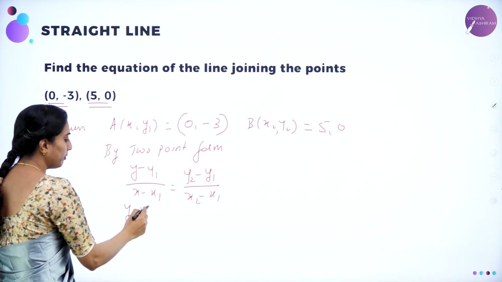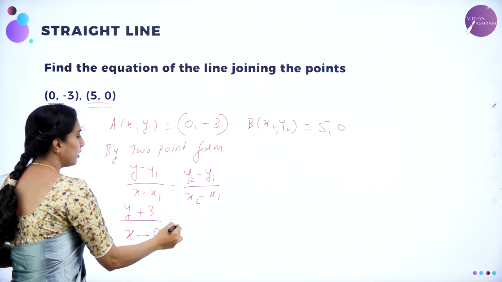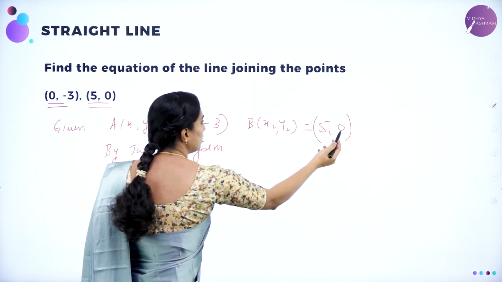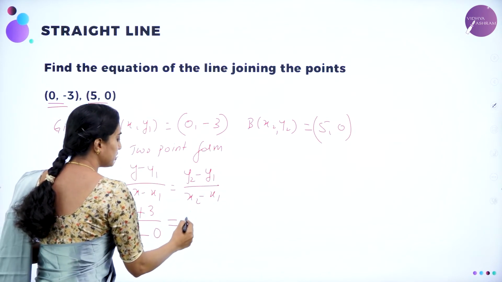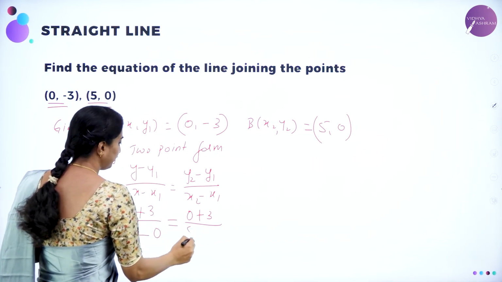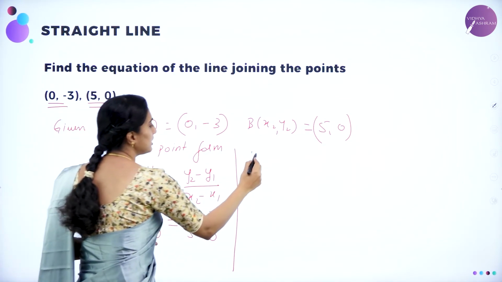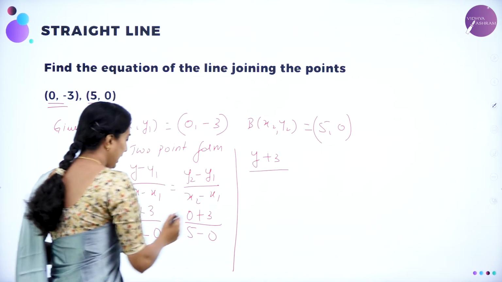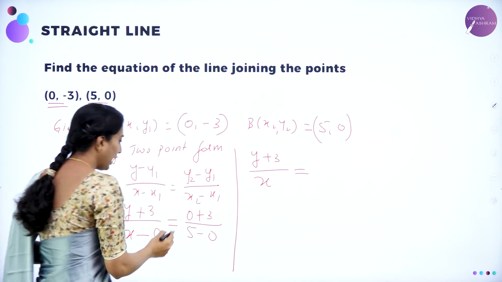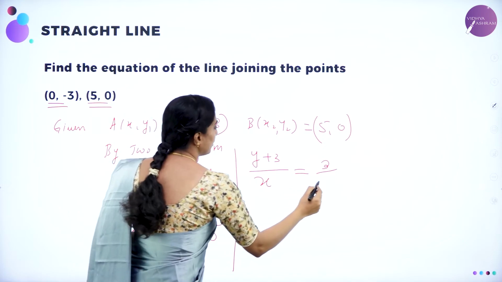Now substituting, y minus y1 is y minus of minus 3, which becomes plus 3, divided by x minus x1, which is 0, is equal to y2 minus y1. Here y2 is 0 minus of minus 3, which is 0 plus 3, divided by 5 minus 0. Again, by simplifying, y plus 3 as it is divided by x minus 0, which is x only, equals 3 divided by 5.